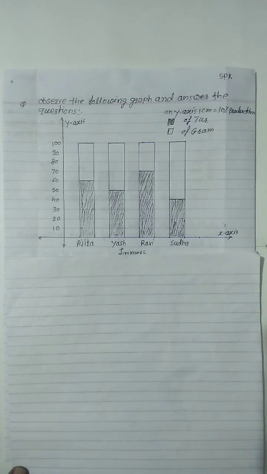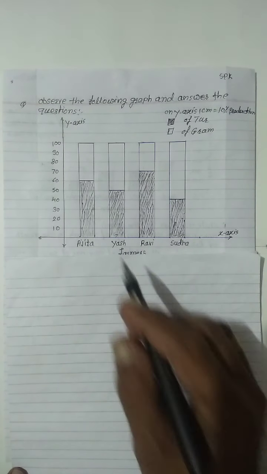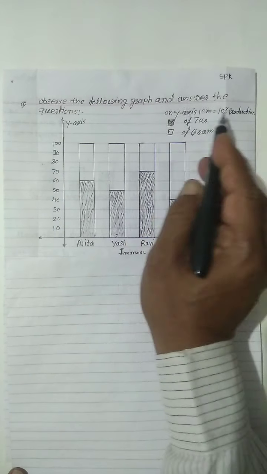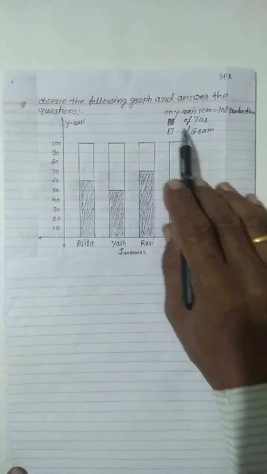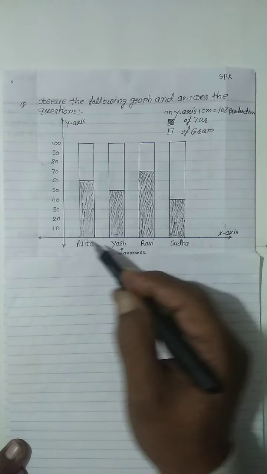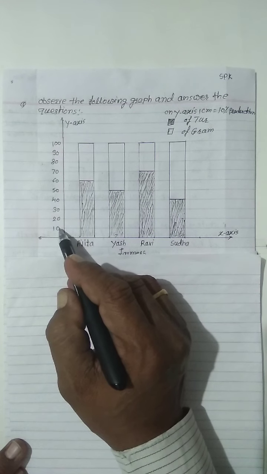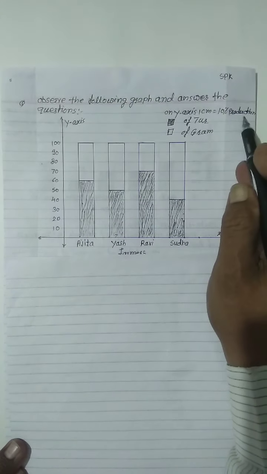Then we can see one more example. Observe the following graph and answer the question. See, in this graph, on the y-axis 1 centimeter equals 10%.